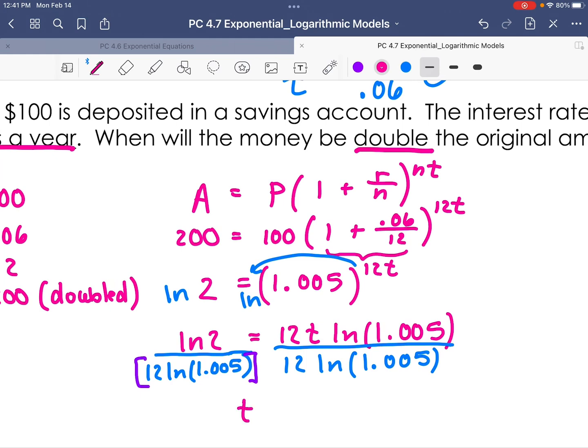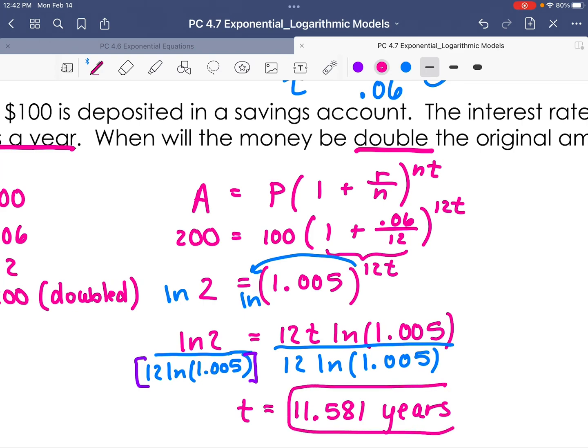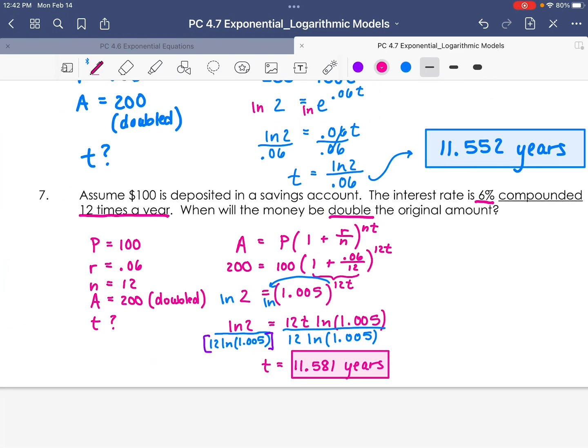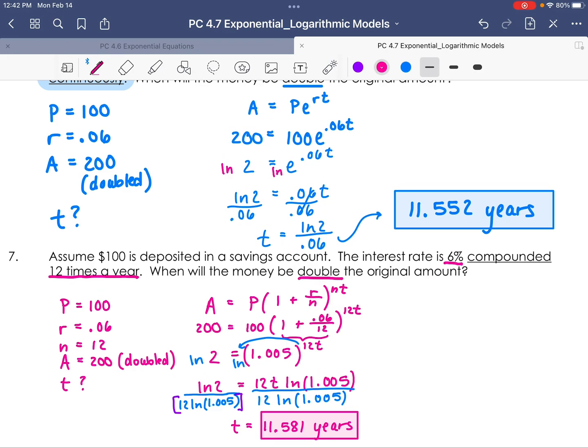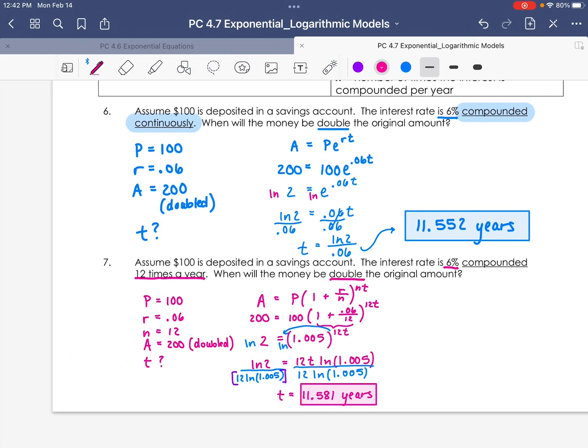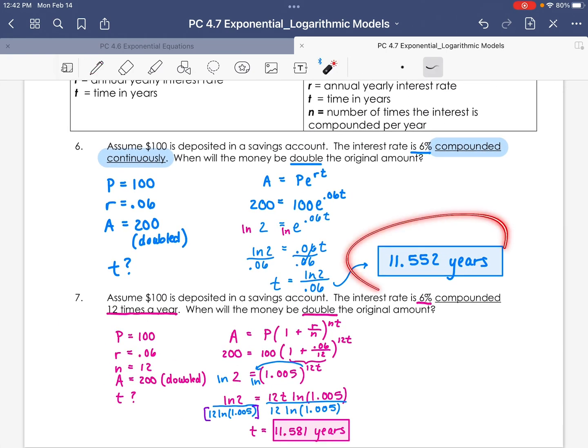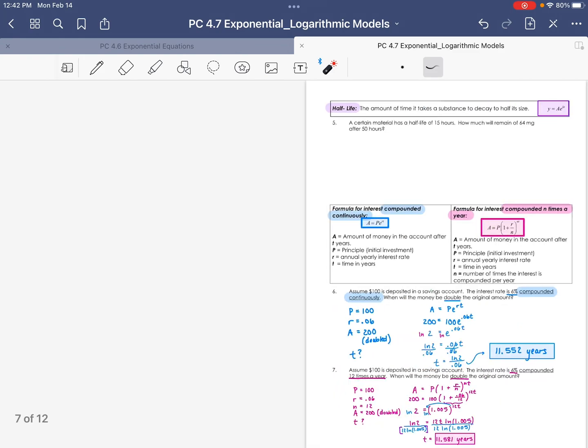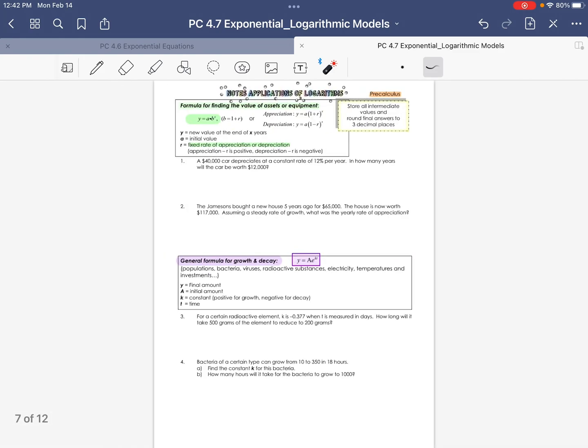I would actually practice on your calculator and be sure you get the correct answer, which is 11.581 years. Okay. Not much of a difference you can see from number 6, but when you compound interest continuously, you will have the most.